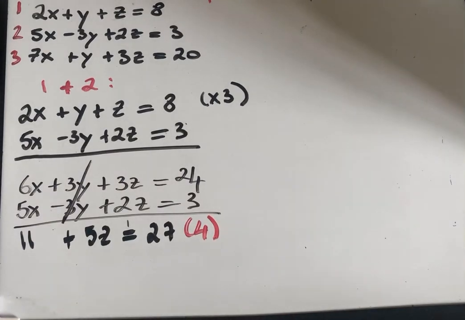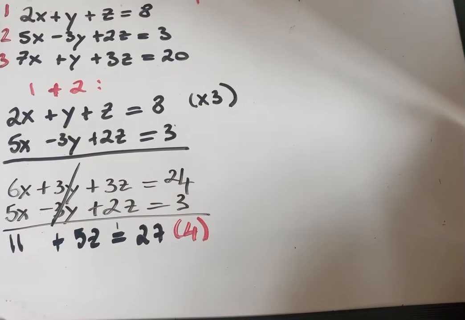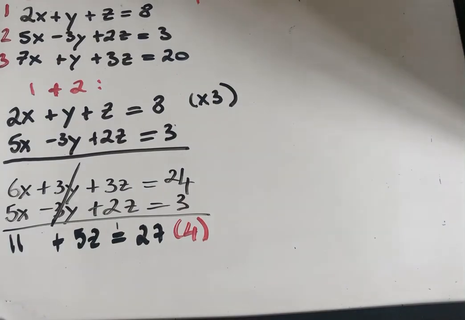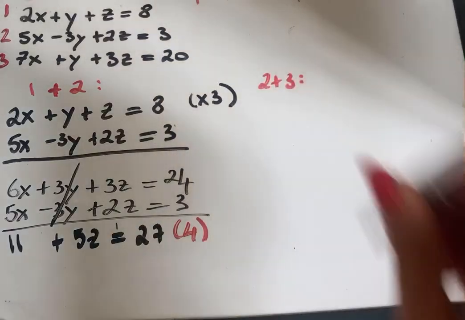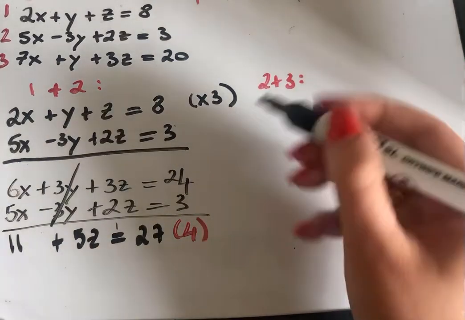Now we come along and we're going to do another two lines. So let's pick lines 2 and 3. So we'll write them down again.